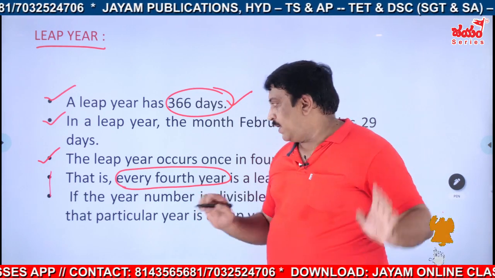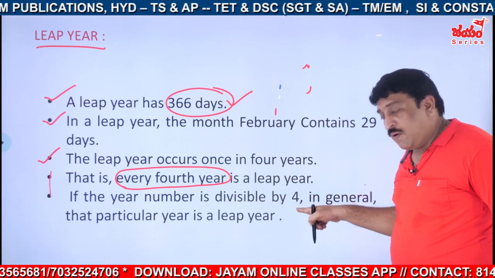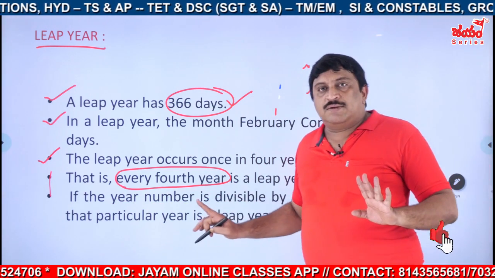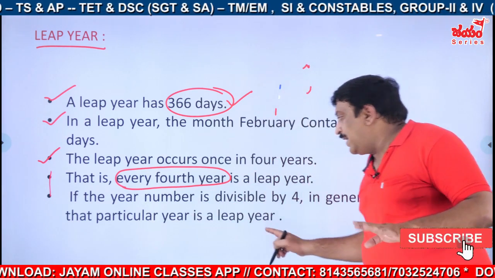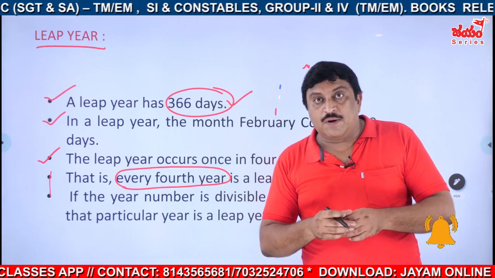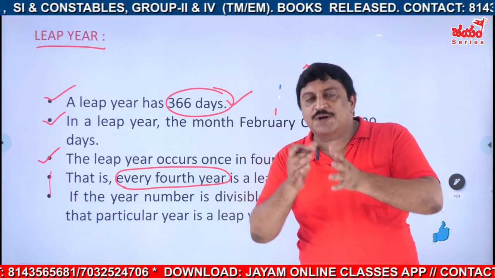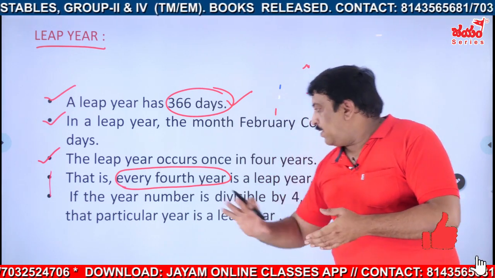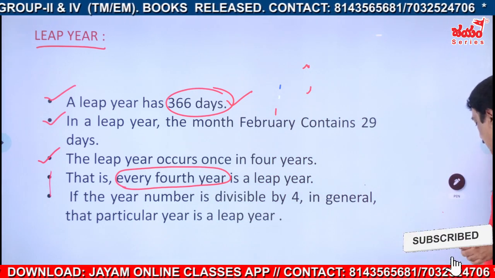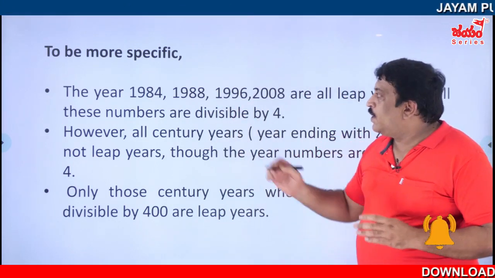This is the normal thing. If the year number is divisible by 4, in general, that particular year is a leap year. In general, why did I say that? Generally, divisible by 4. But century years must be divisible by 400, right? So, okay, fine. Coming to the next, to be more specific, observe this.